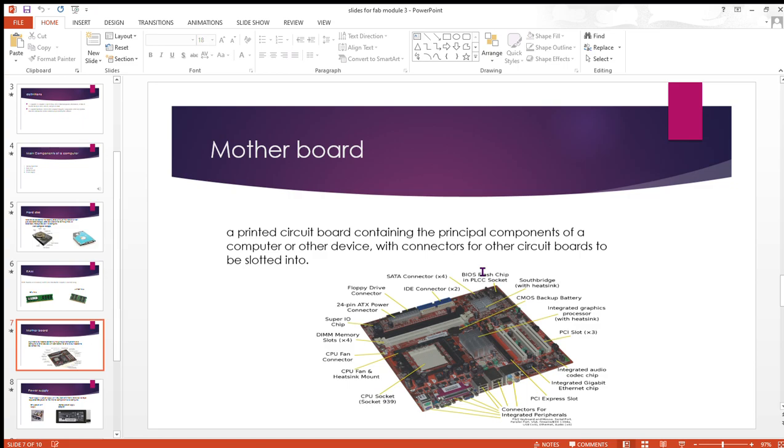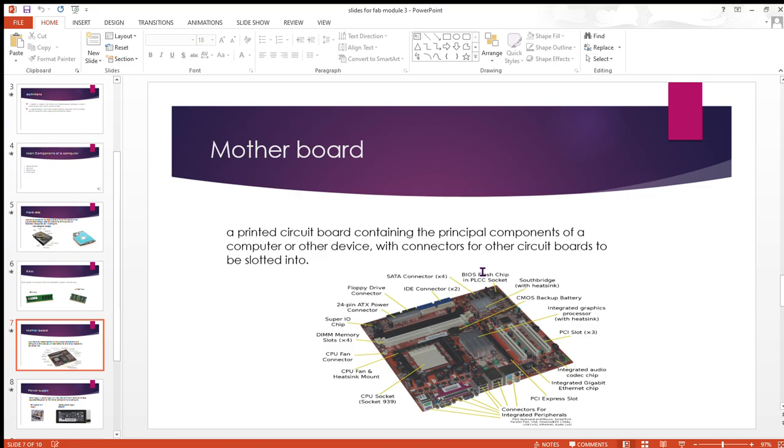When you insert a USB into a computer, you insert it in the motherboard. The NIC cards, network interface cards, and the RAM are all inserted in the motherboard. So it's like a core component of computer hardware.